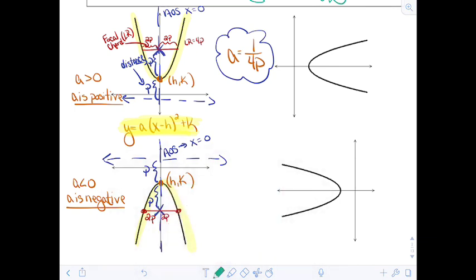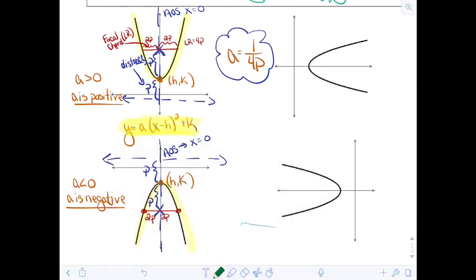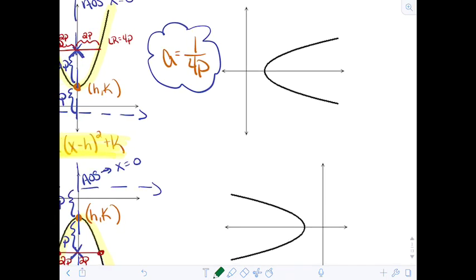Now, if we go over to the other side and we look at the ones on their side, these go with the equation x equals a times y minus k squared plus h. So these are a little bit different. Now when the parabola is on its side, it is x equal to something with y being squared.